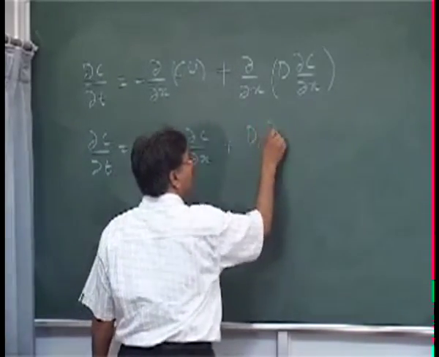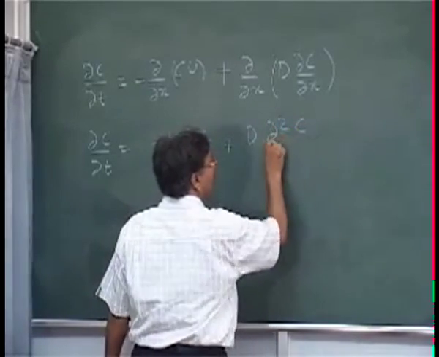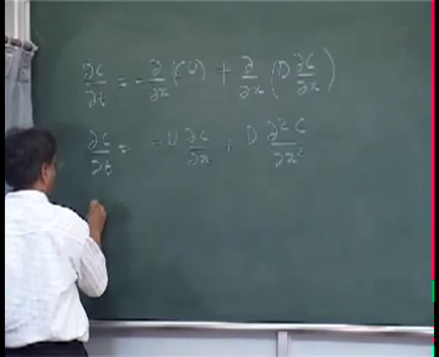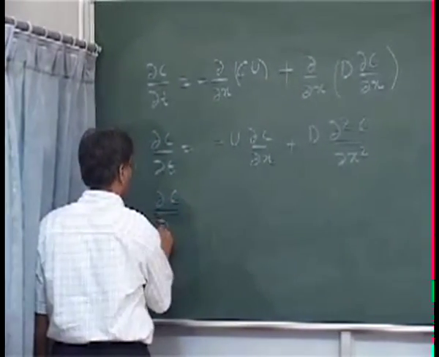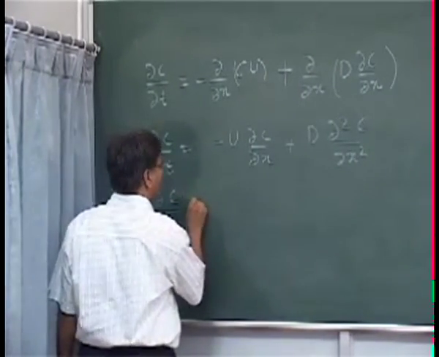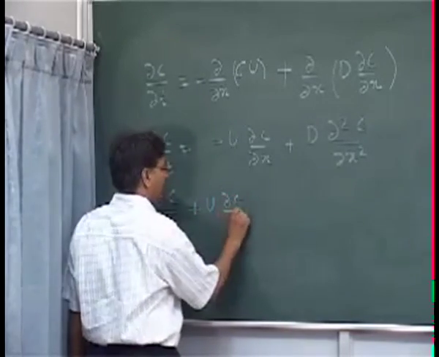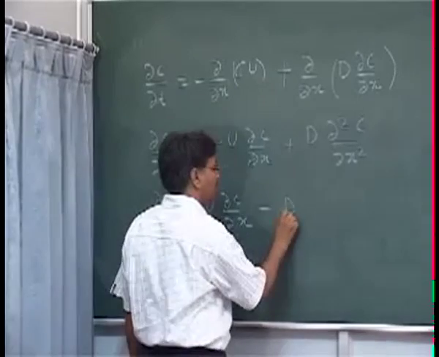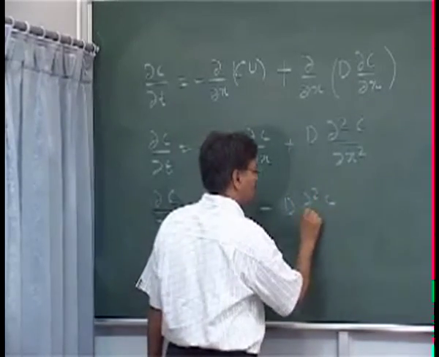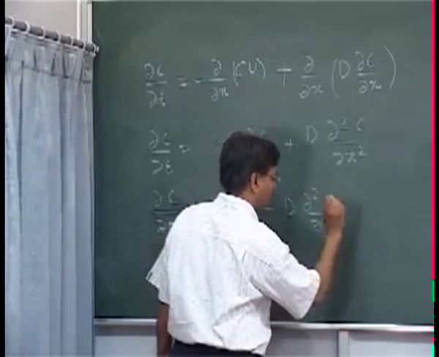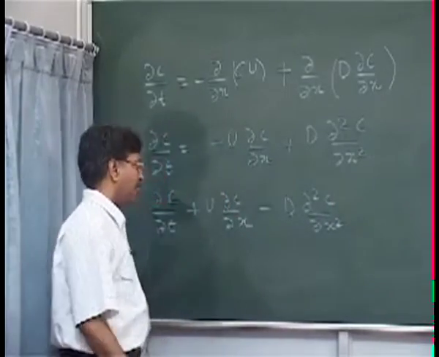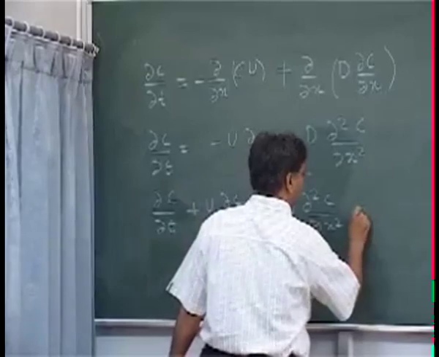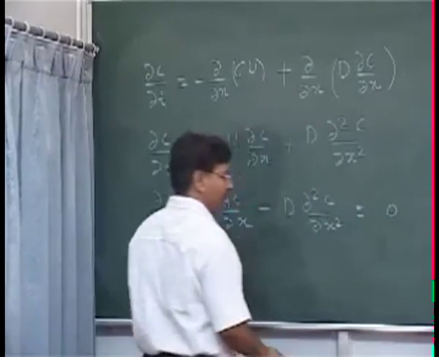So d, plus u del c by del x minus, equals 0.